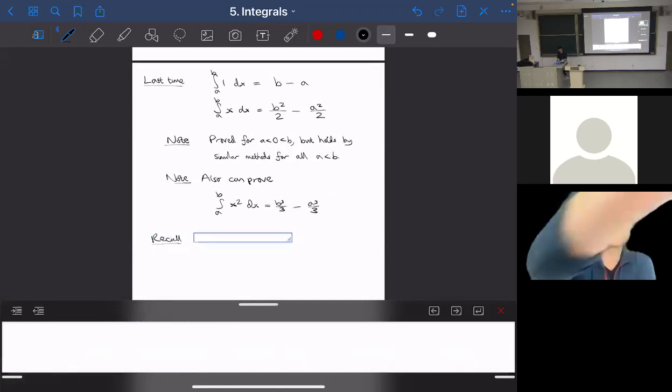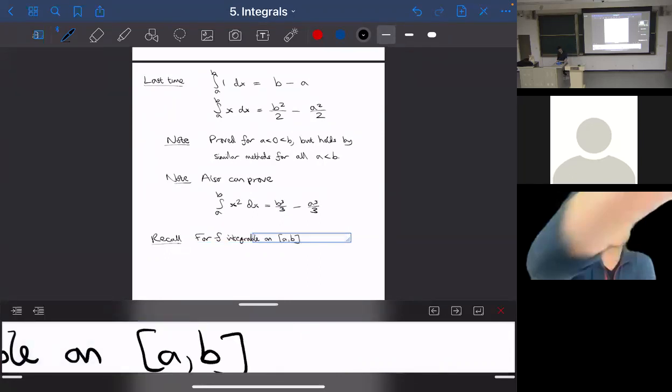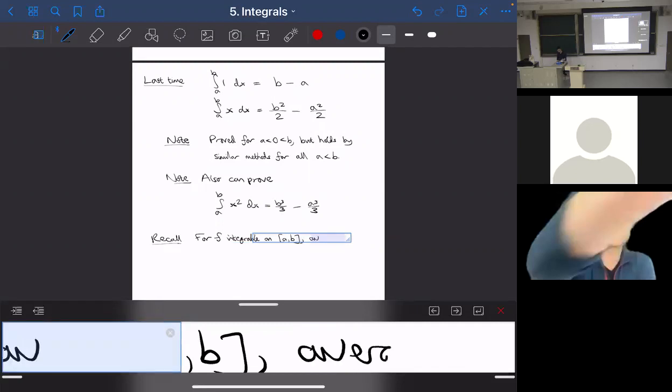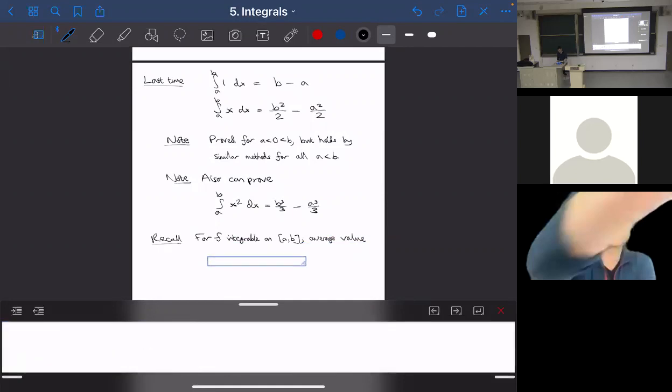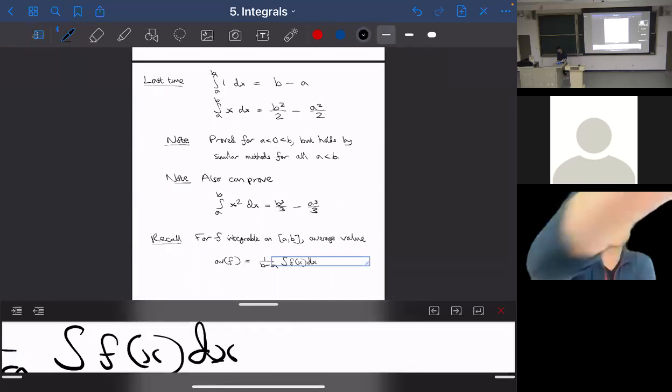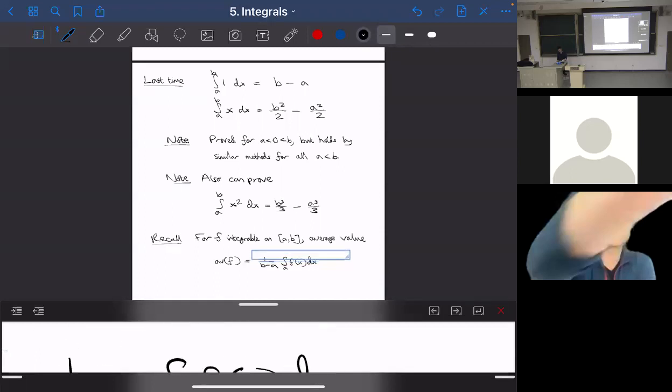Okay, and we recall for f integrable on [a, b], the average value, I'm going to write it av f, is this definite integral divided by the length of our interval.